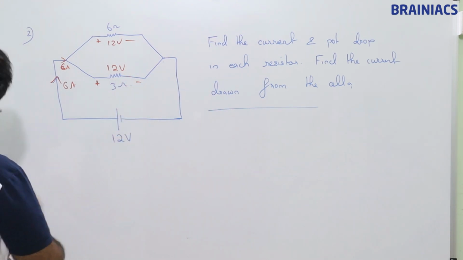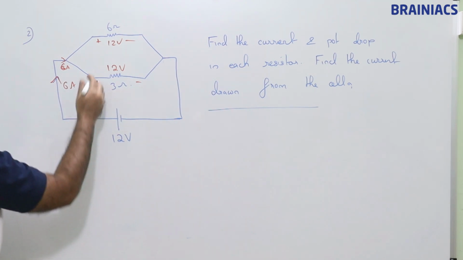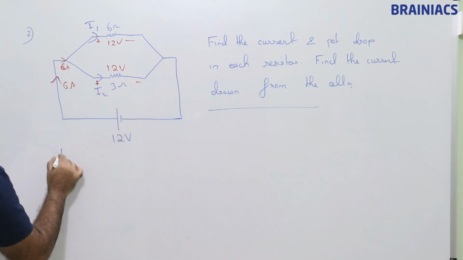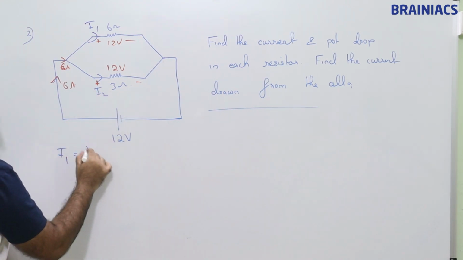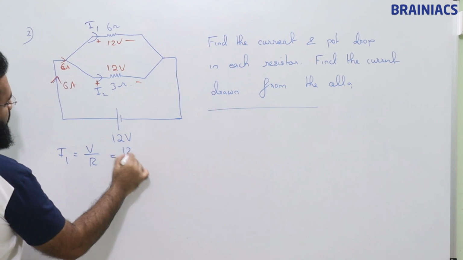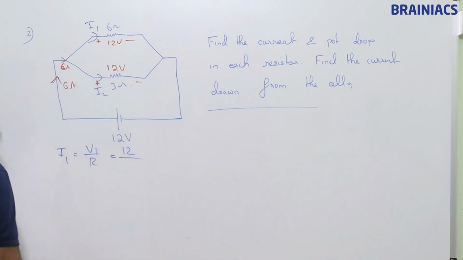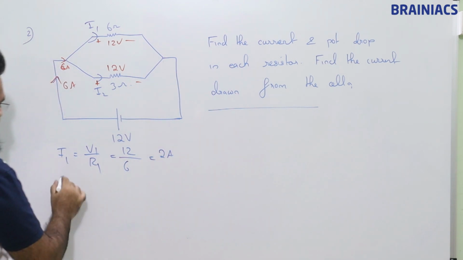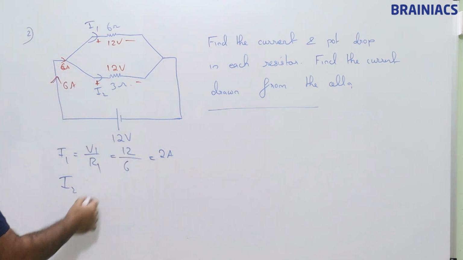I is equal to 12 divided by 3. Suppose we take this as I1 and this as I2, then I can write I1 is equal to V by R, or V1 divided by R1, 12 divided by 6, we get 2 ampere. So I2 will obviously be 4 ampere.